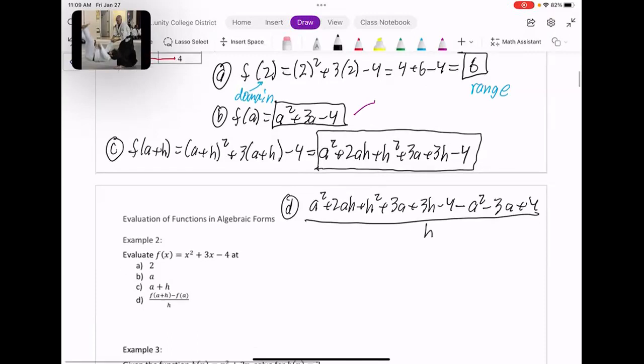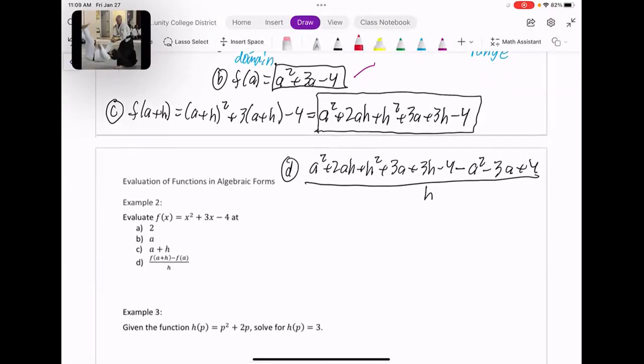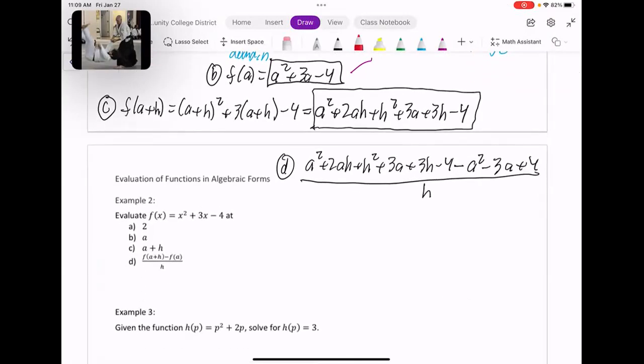Now, what's really cool about this is we get to start slashing stuff out. So a squared minus a squared, 3a minus 3a, negative 4 plus 4. And this here is actually called the difference quotient and is used in calculus. So this is actually very important.